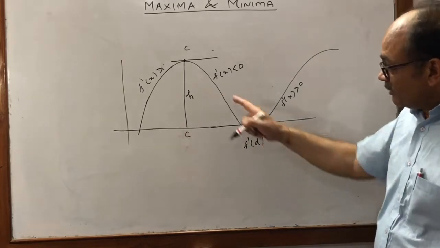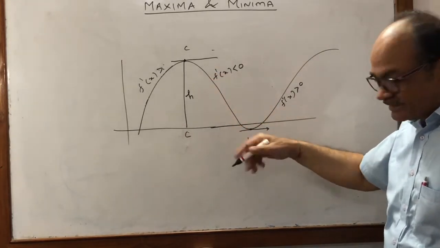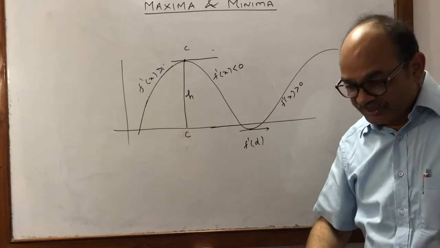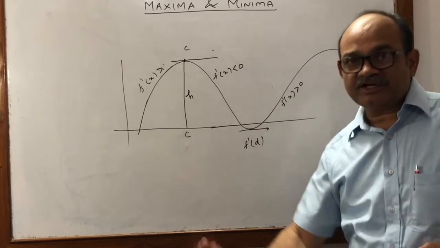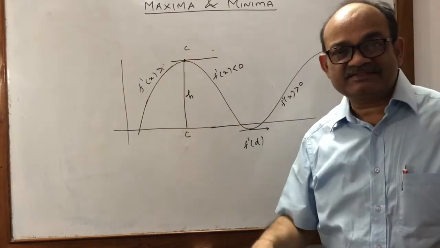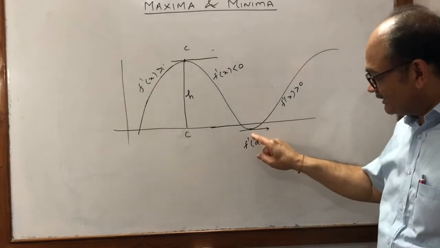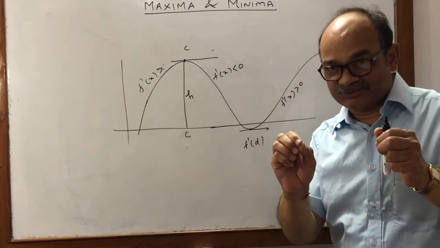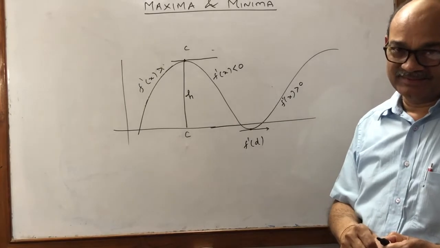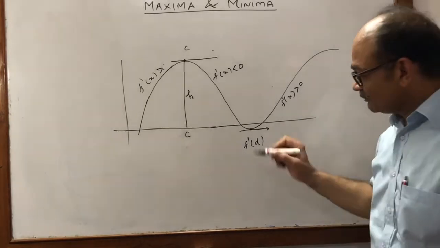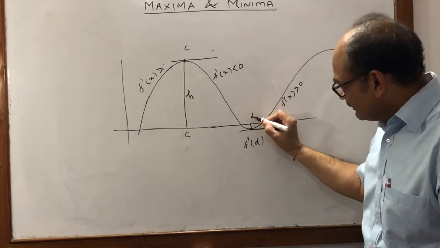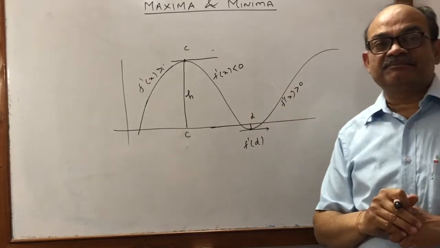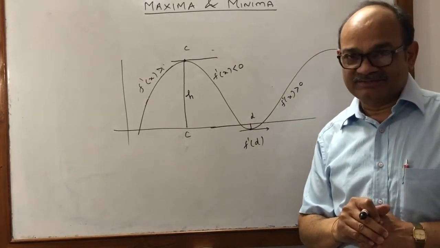Why? Because the function is decreasing, decreasing, decreasing, going down, stops at one place, and then we start going up again. So what is the least point? The least point is D. This D point is said to be the point of minima. And what is the minimum value? At D, the depth is the minimum value of this function.